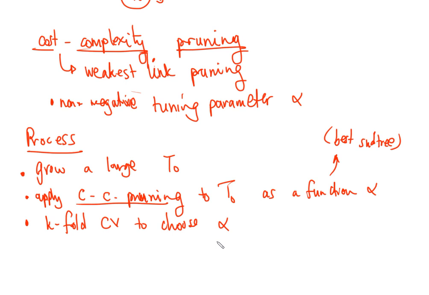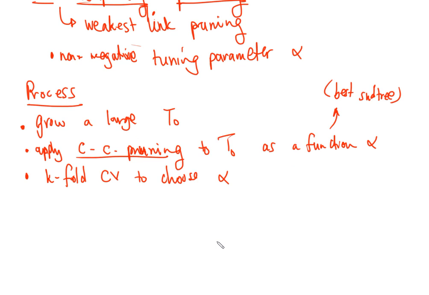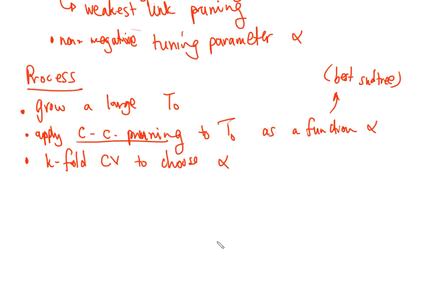To choose the best alpha, we're going to divide our training observations into k folds. That's the normal CV, and then for each one of the k folds, we evaluate the MSE, or the error, for each one of the subtrees, and then we average the results for each value of alpha.